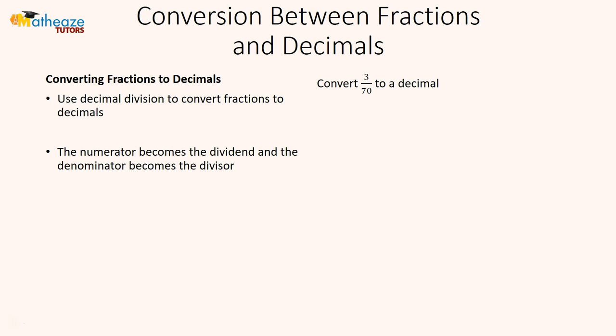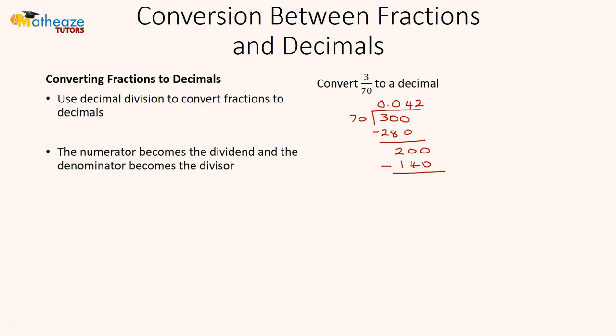3 over 70. So we have 3 here, we have 70. 3 divided by 70, we can't do it, so 0 point. 30 divided by 70, can't do it, put a 0 again. 300 divided by 70, get a 4. 4 times 70 is 280. We subtract here, and we have 20 divided by 70 cannot happen, so I'm going to introduce another 0. 200 divided by 70 is 2. 2 times 70 is 140.